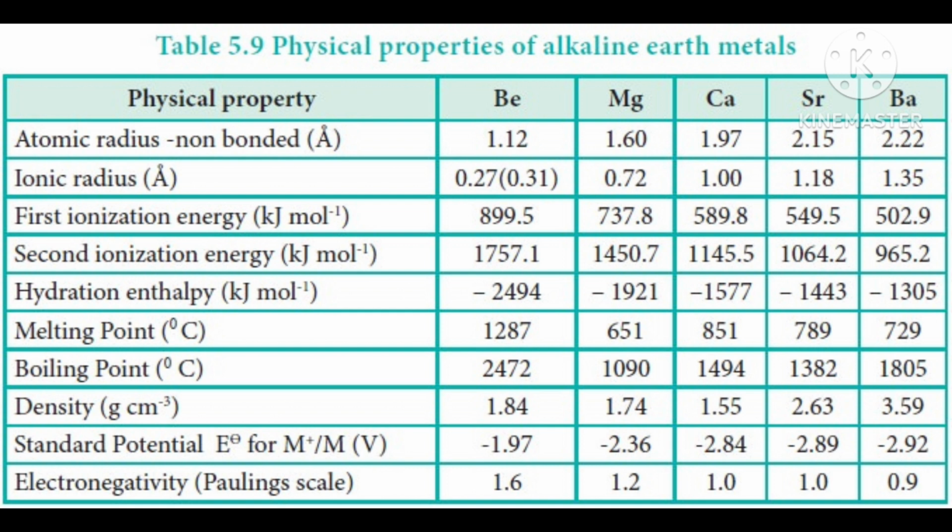Because of the low ionization enthalpies, group 2 elements are strongly electropositive in nature. The electropositive character increases down the group from beryllium to barium.